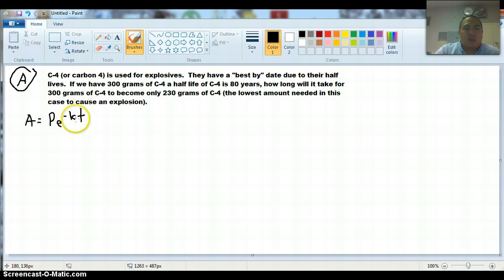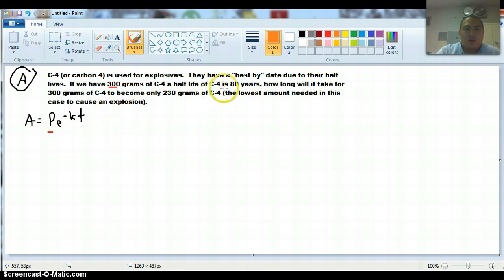Okay, so what I'm looking at is this. I see that I have 300 grams, and that's what I started with, so that's going to end up being here. Then I have negative k, but I don't know what the rate is right now, so that's a question mark.